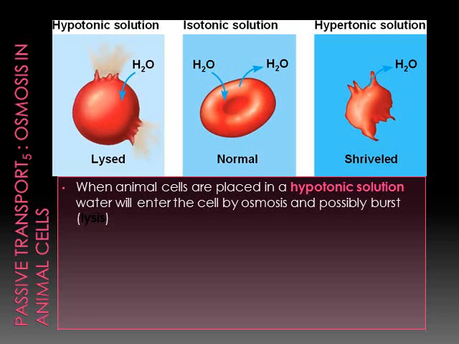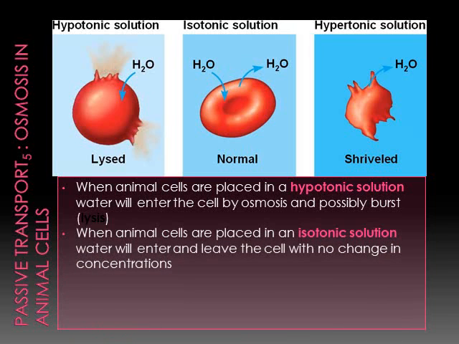Water will stream into that cell. And because of the nature of animal cells, where we have no cell wall, quite possibly the cell will burst, and we call that lyse. We will see that the cell has lysed, or we could say that lysis is occurring, or that it has been lysed.